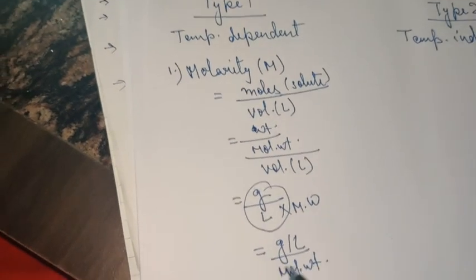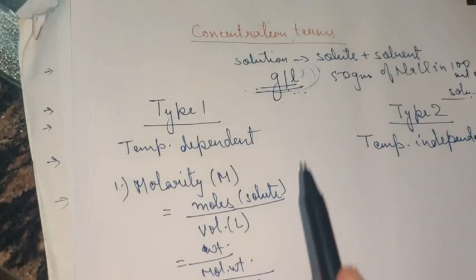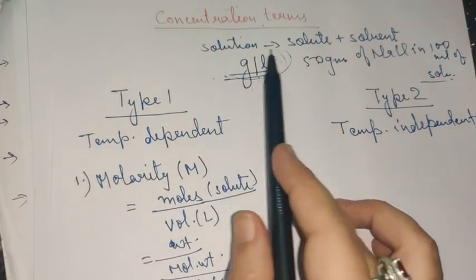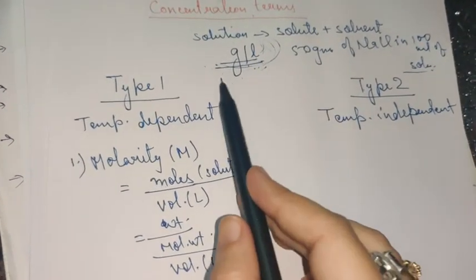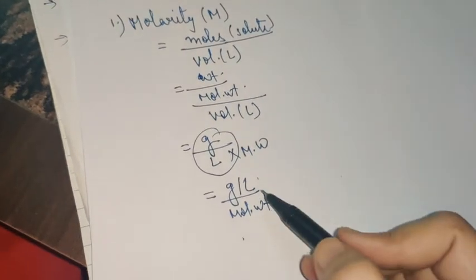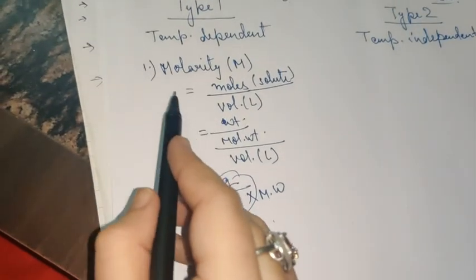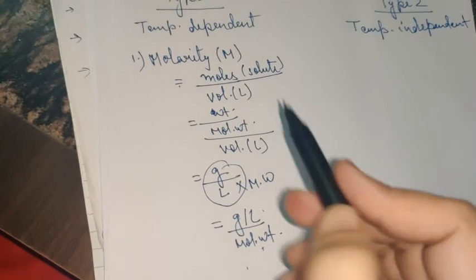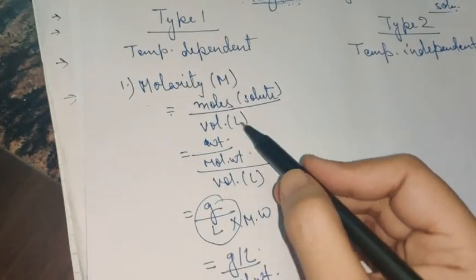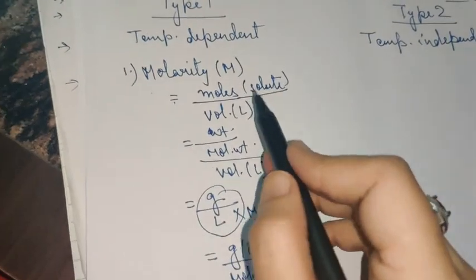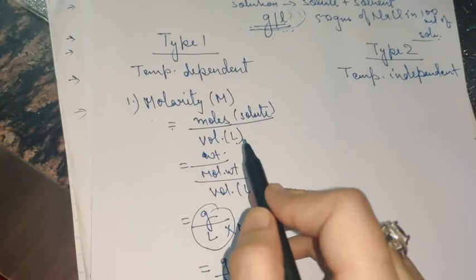You can see here that molarity can be related to the simplest representation of concentration, that is gram per liter. When you divide gram per liter by molecular weight, you get the molarity. And molarity means number of moles of solute upon volume of solution in liter.